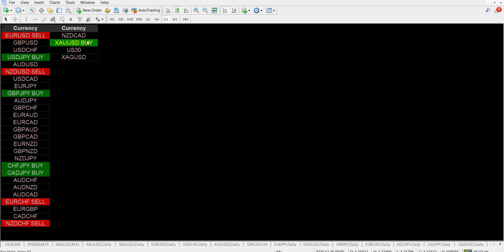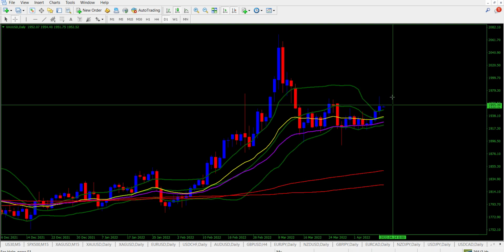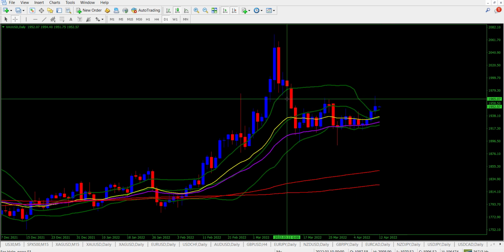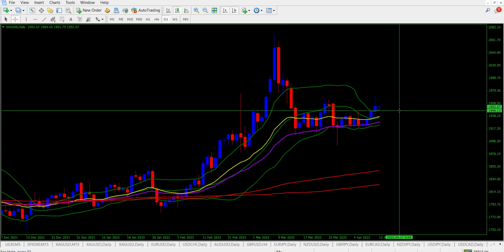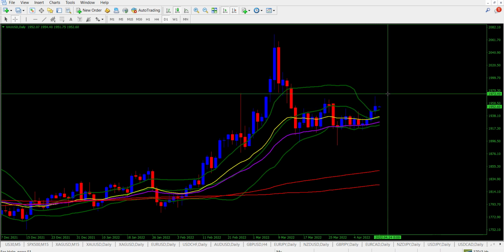The last one is the gold, XAUUSD. It's saying buy. Let me check. The previous day bar is kind of a rejection from this resistance area, so I'll ignore this pair. But if in the New York time the price can make new highs, and I find any pattern or something like that, I will definitely buy gold.